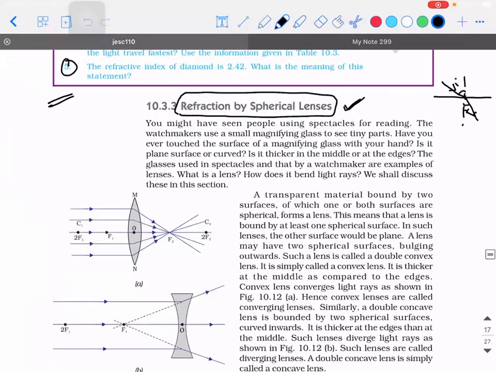So here we are going to see the refraction by spherical lenses. When you talk about spherical lenses, what are all the types of boundaries that are possible? I told you at least one should be curved, no? So how will you be able to define the boundaries? What are the two types of boundaries we know with respect to spherical surfaces?